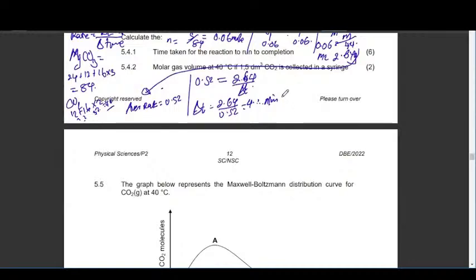Yes. So now let's look at this. Let's look at this 4.8.